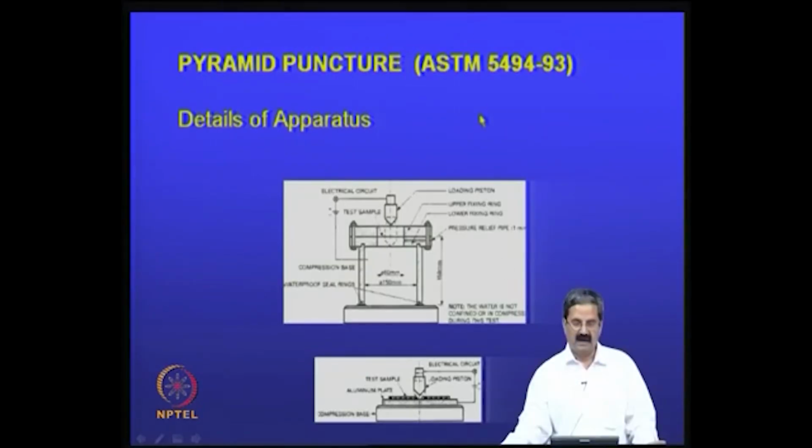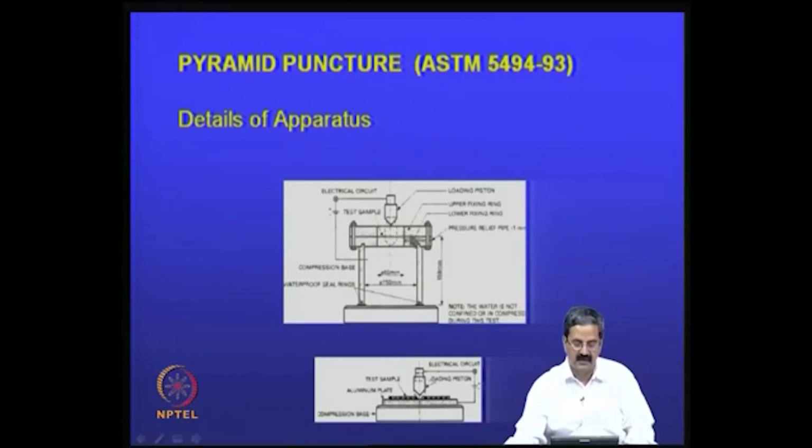There is also a textile industry, and people in the textile industry are used to tensile testing and all that. They have used some of their testing methods to even characterize geosynthetic materials. That is the reason we have what is called a pyramid puncture test also, as per the ASTM standard.